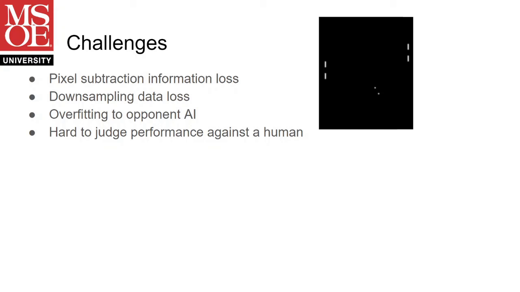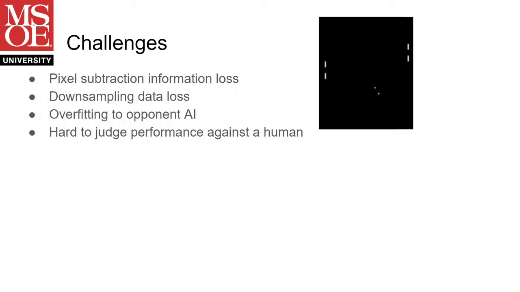And wherever the ball was, this paddle would try to be in front of it. Well, the unforeseen consequence of that was it trained against this opponent really well. But as soon as you swapped it out for a different opponent, like a human player, it worked really poorly.